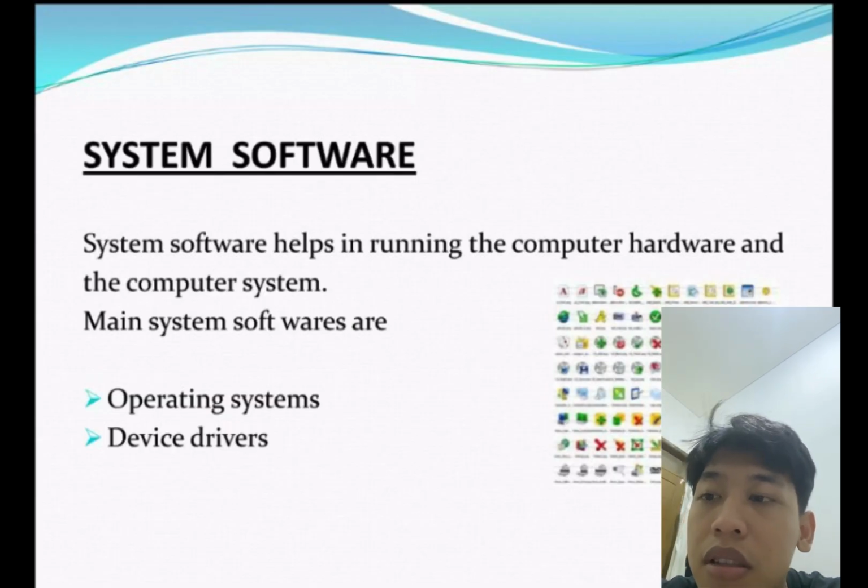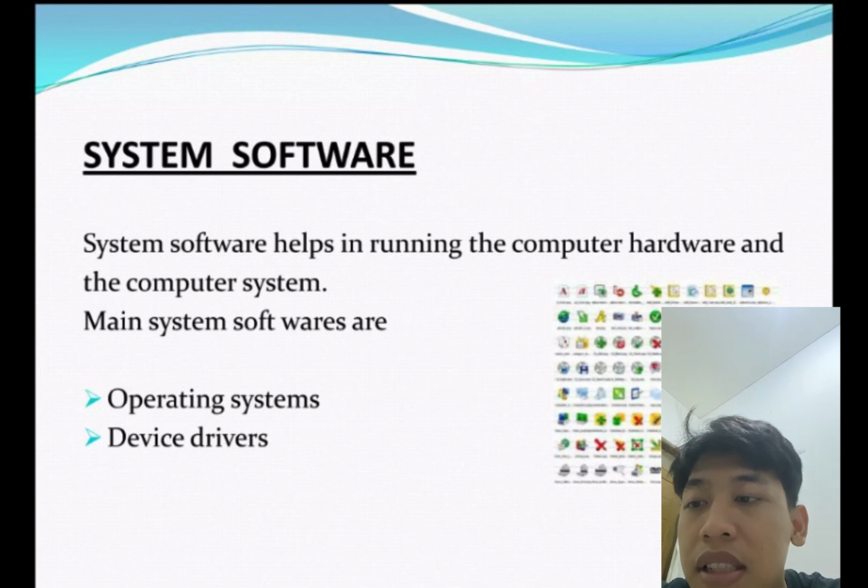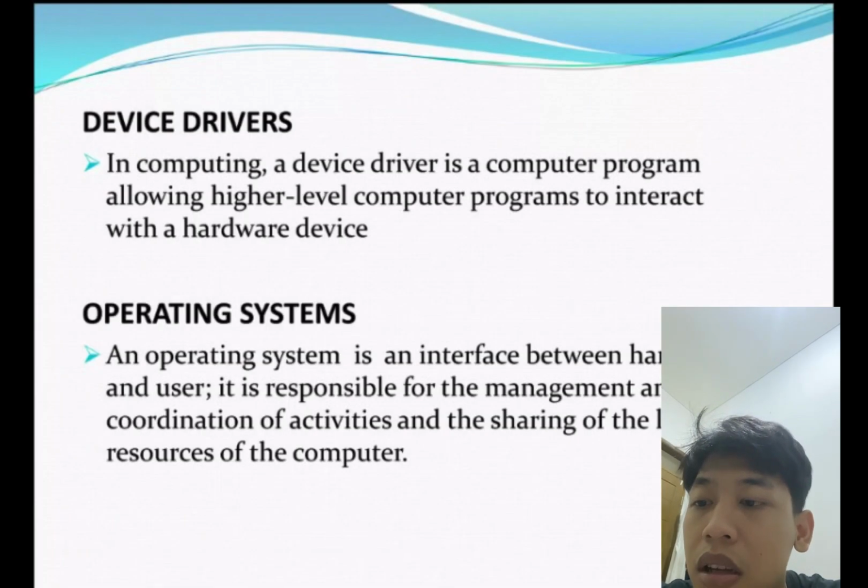System software helps in running the computer hardware and the computer system. Main system software are operating system and device drivers. Device drivers.